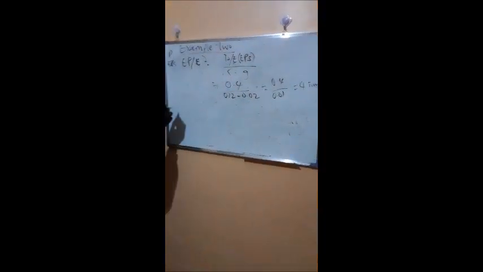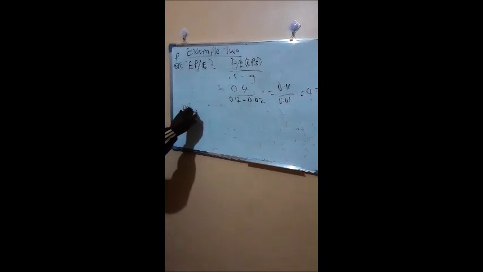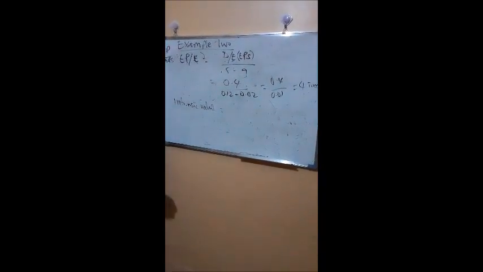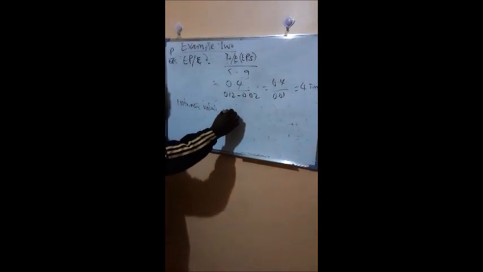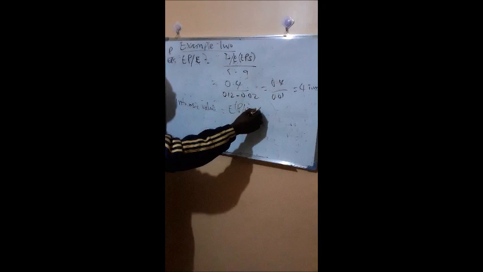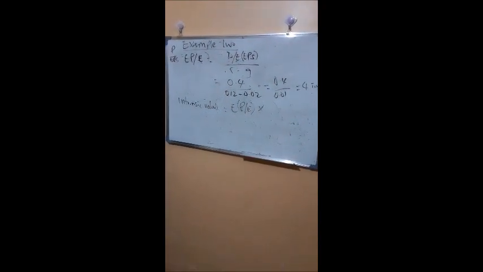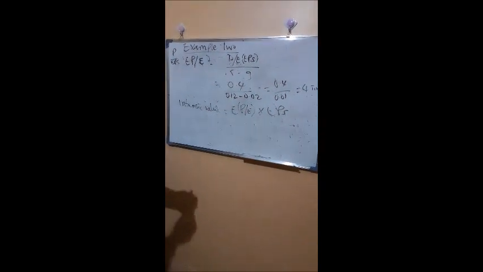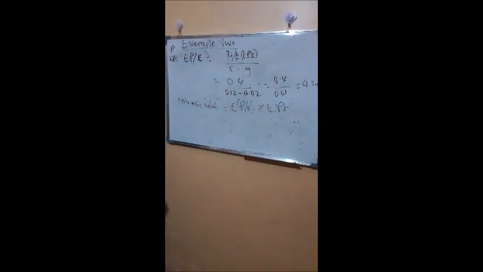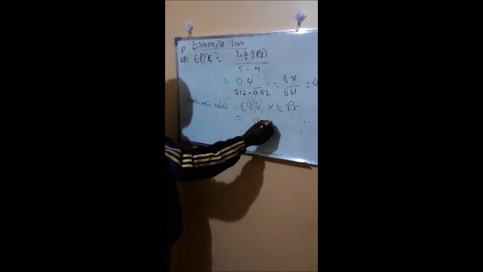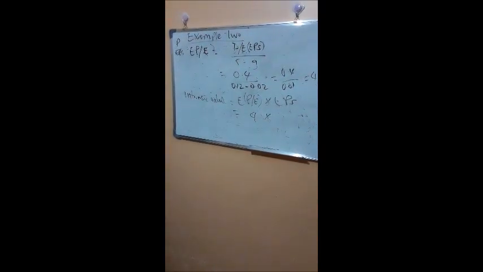Now we can calculate the intrinsic value by multiplying the expected P/E ratio by earnings per share. Our expected P/E ratio is 4. Now you multiply by the earnings per share given.